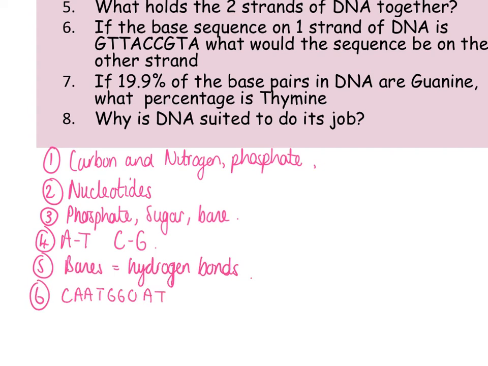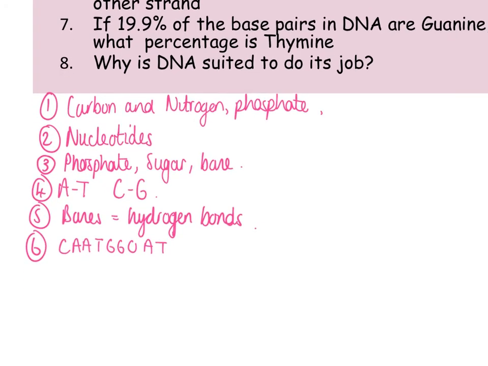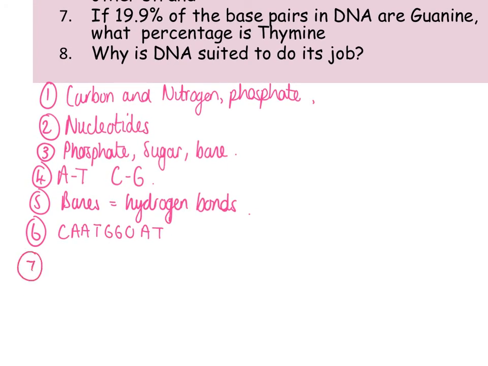If 19.9% of the base pairs in DNA are guanine, what percentage is thymine? So this is where we can get caught out, because you'll think, well, it's just the opposite. So if you've got 19.9% equals guanine, we are then going to have 19.9% that is cytosine.